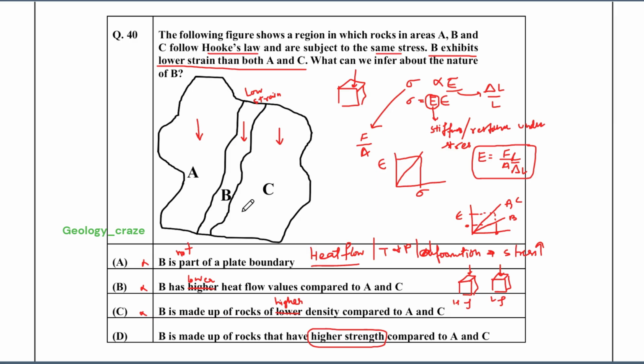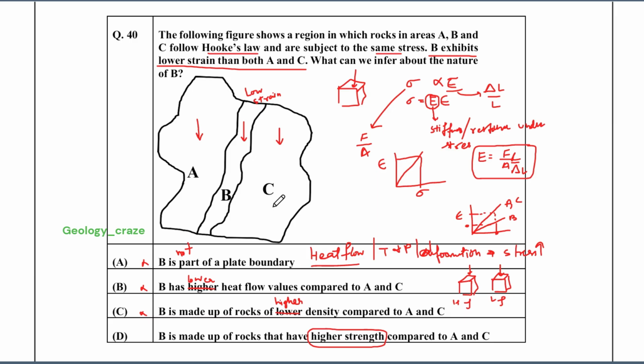Now, if we understand this, we will club all the options and try to visualize things. B is a high strength rock, because after applying a stress we are getting a low strain. It means it has a higher strength, and higher strength will come from higher density.